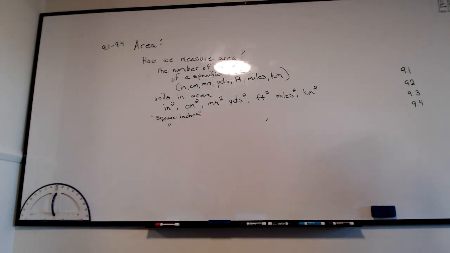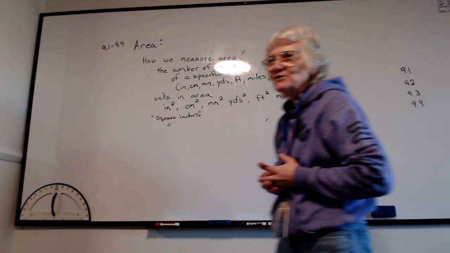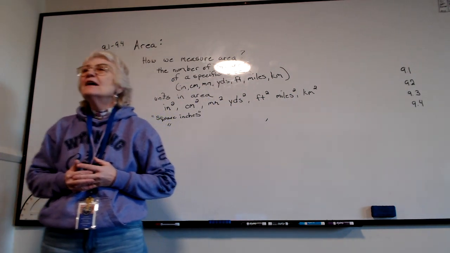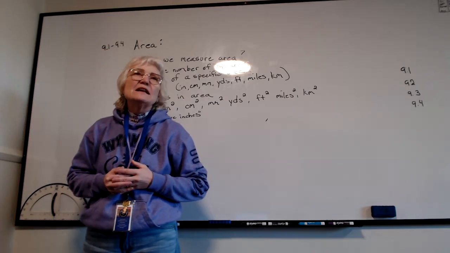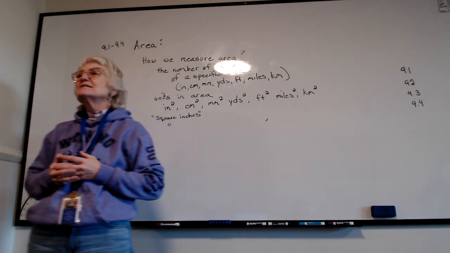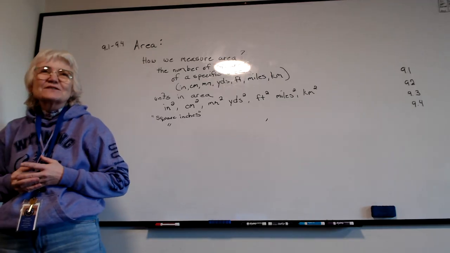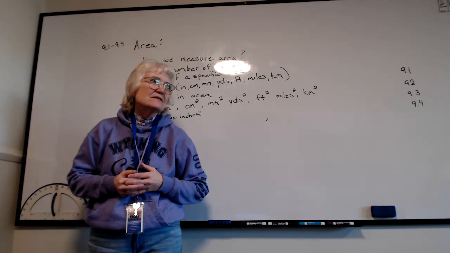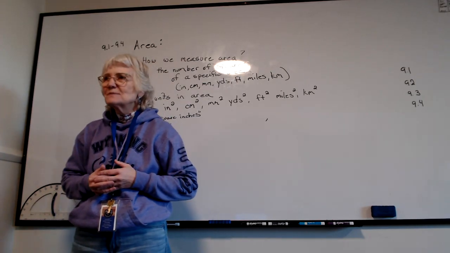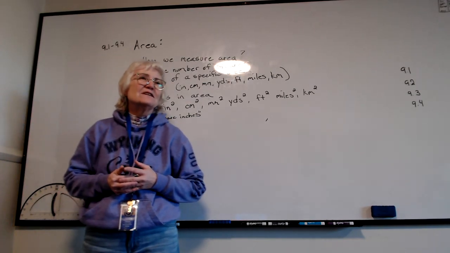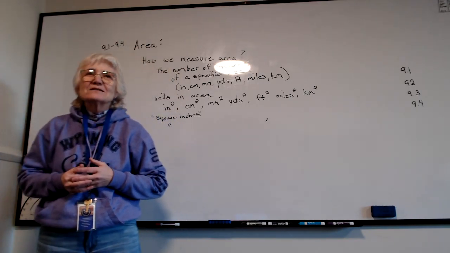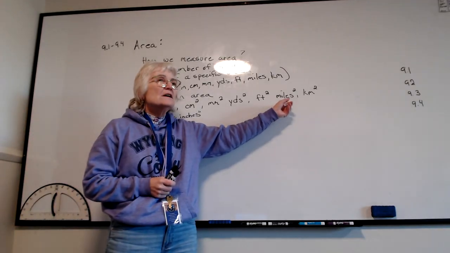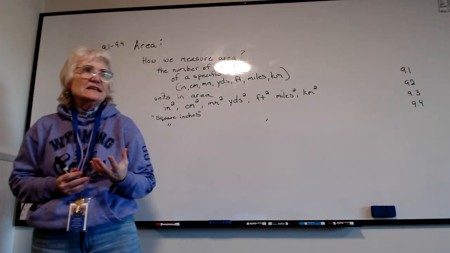Okay. Now, I'm not going to go into acres right now because it's measured in a little bit different way. It's not a foot squared or anything like that. But an acre is a certain specific square size. So when you see that this is 10 acres, that's because a certain specific size of square fits in there 10 times. Okay, we also use miles squared, specifically when we're talking about states.